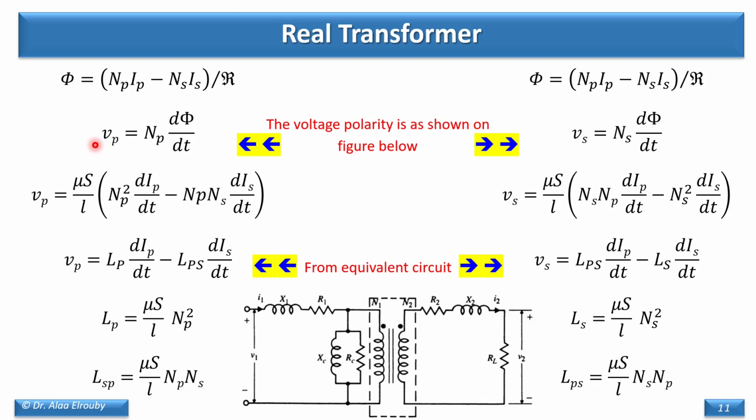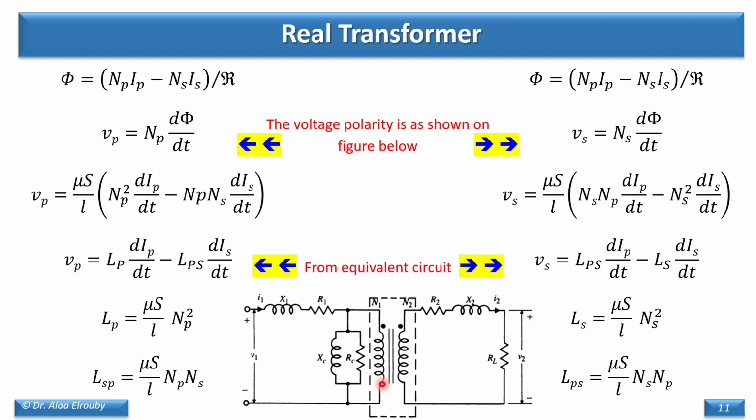at the primary equal N primary d phi by dt, and here the negative sign depends on how we define the positive and negative, and how the inductors of the primary and secondary are wound. It depends on the direction of winding.